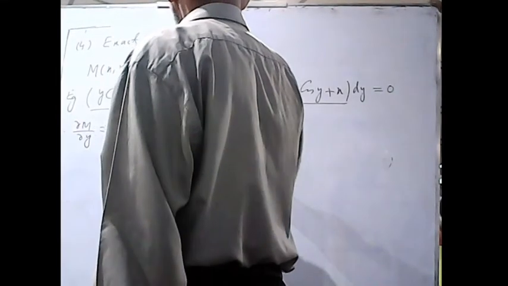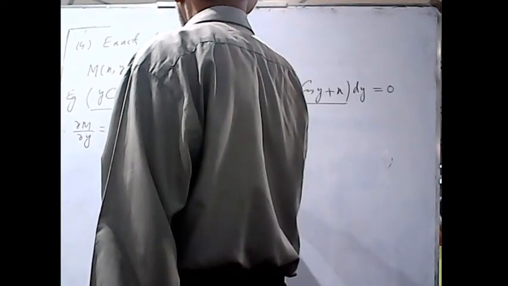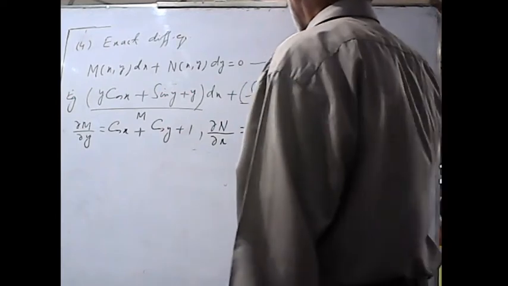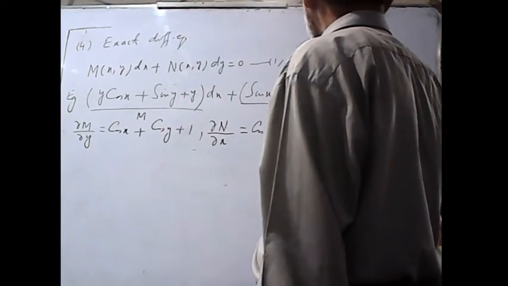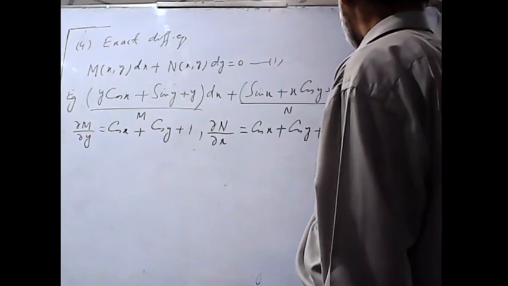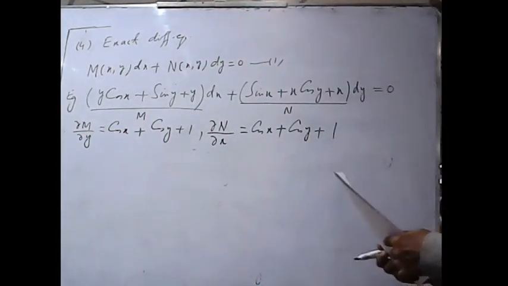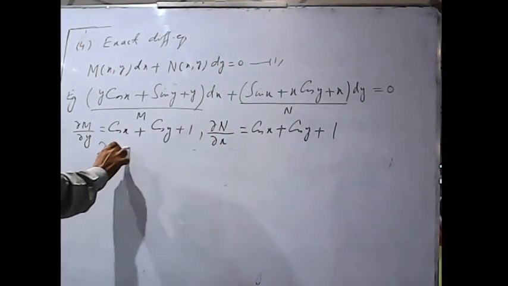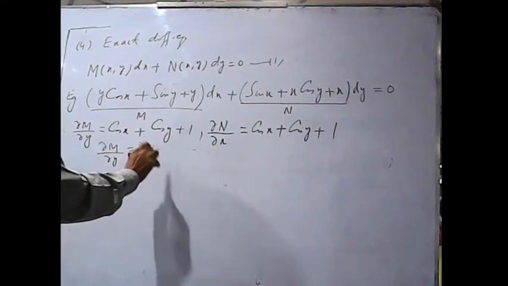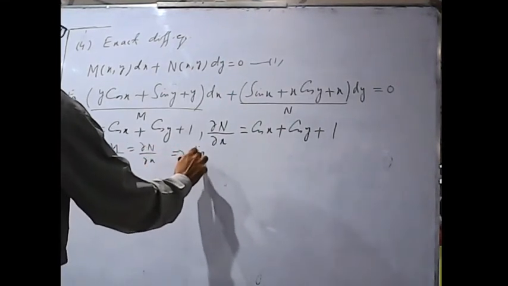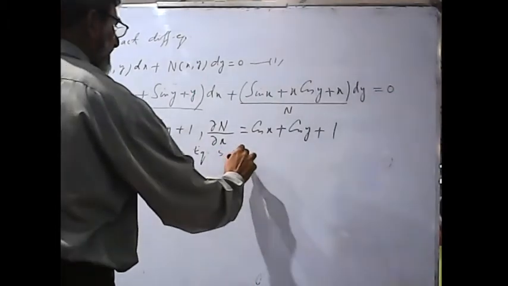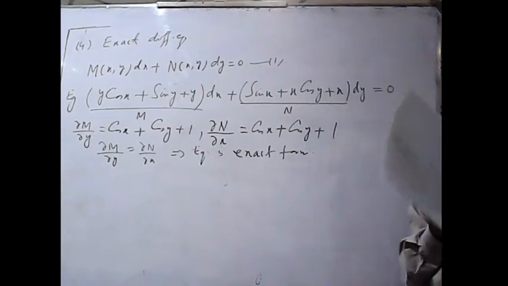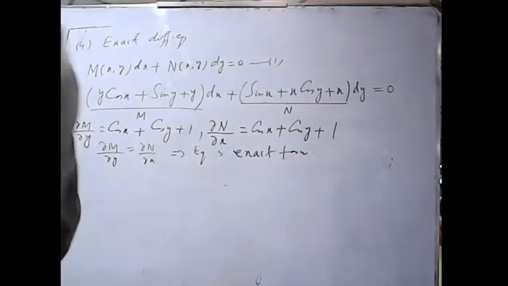Then differentiate N with respect to x: the derivative of sin x cos y is cos x cos y, with cos y constant, and the derivative of x is 1. Now observe that ∂M/∂y is equal to ∂N/∂x. So the equation is in exact form. So again the equation is rectified as exact.